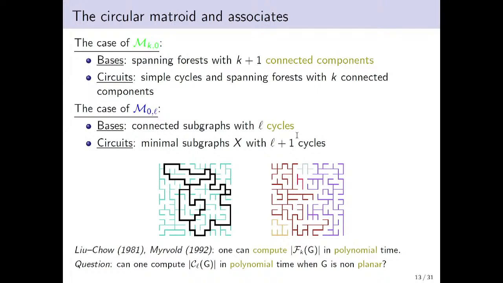I insist on the fact that k is fixed here. It's not counting all the forests, because it's probably not known if you can do that, or probably not likely to be polynomial.